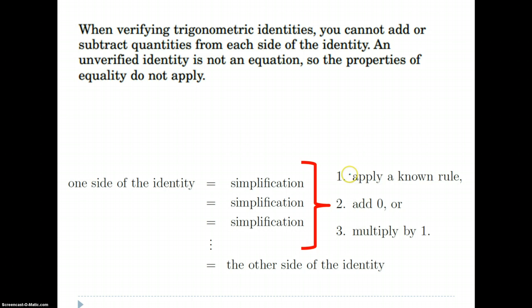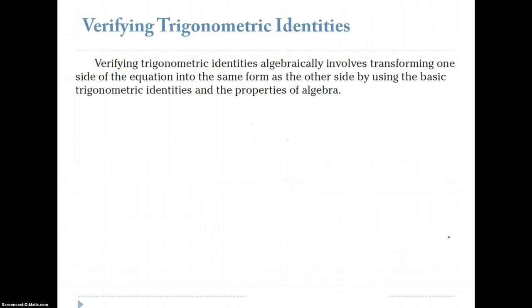Those are going to be the trigonometric identities that we do know. We can add 0, or we can multiply by 1. And again, that's probably going to be in the form of a over a, or an equal expression over an equal expression. Okay, so we're going to transform one side into the other.